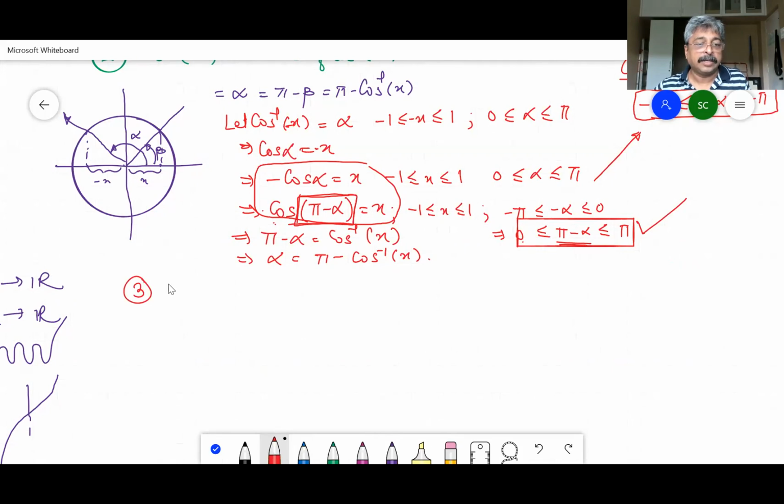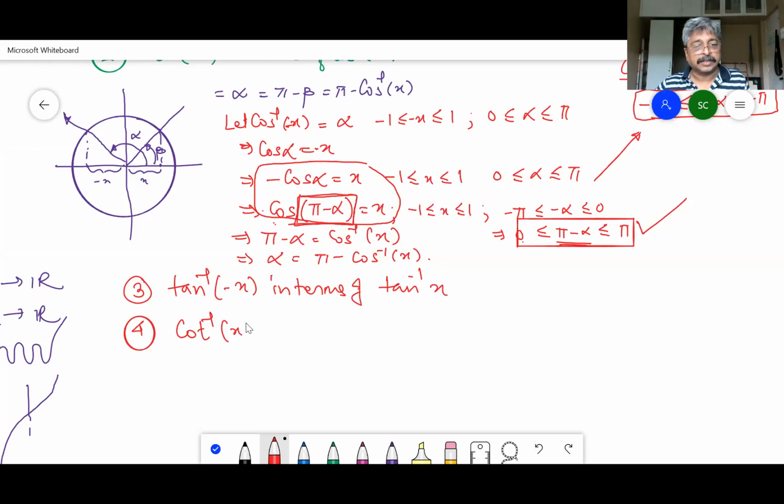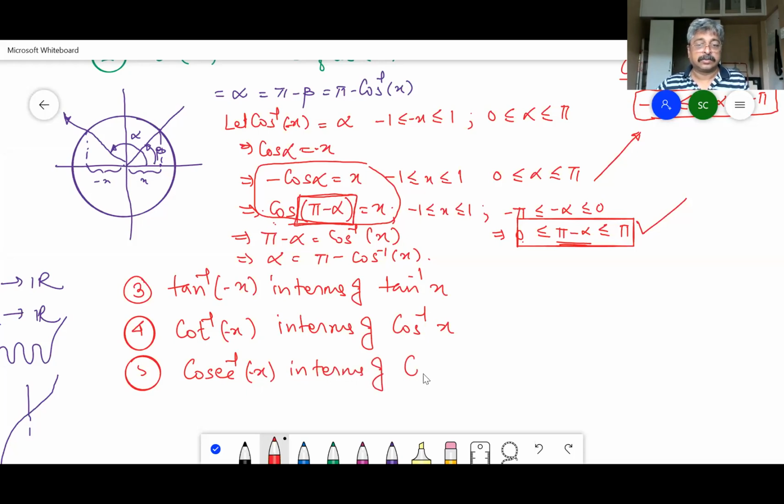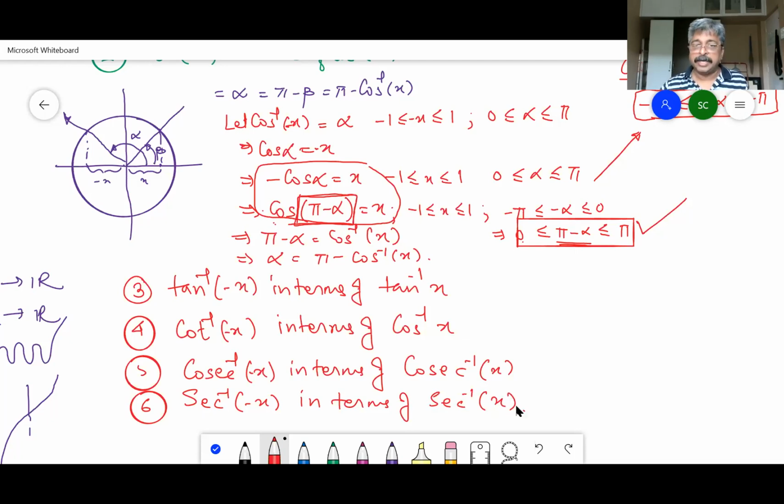Question 3, prove that tan inverse of opposite of x in terms of tan inverse x. 4, cot inverse of opposite of x in terms of cot inverse x. 5, cosec inverse of opposite of x in terms of cosec inverse x. 6, sec inverse of opposite of x in terms of sec inverse x. Okay, get me all the answers.